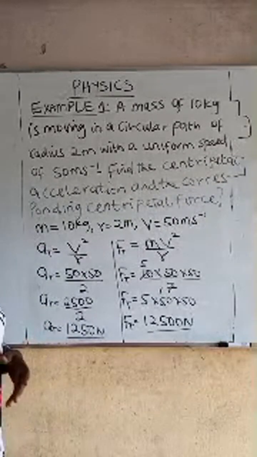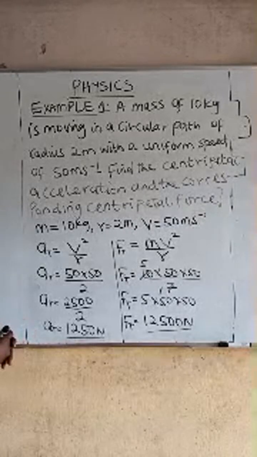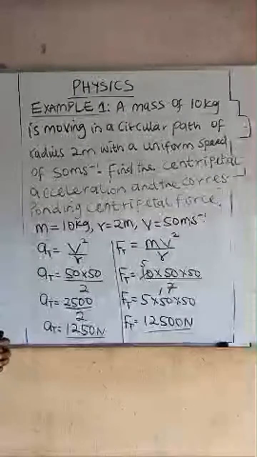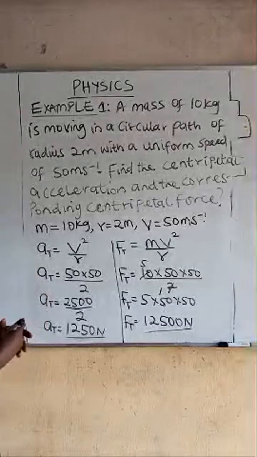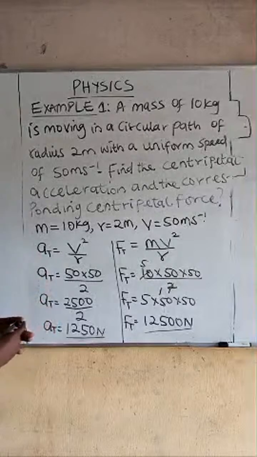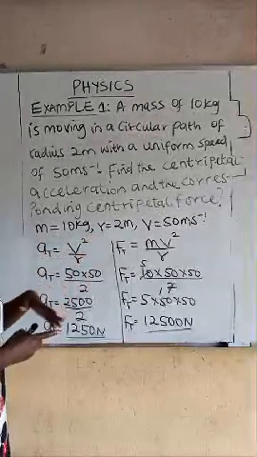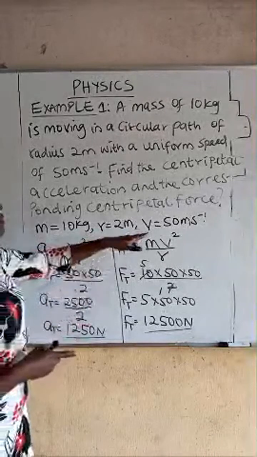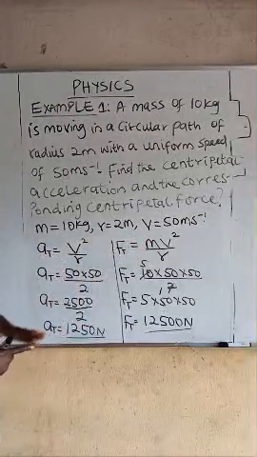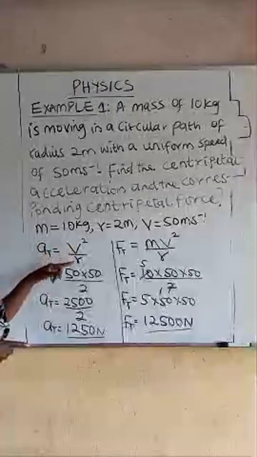So let me do a recap. We are given a mass of 10 kilograms moving in a circular path of radius 2 meters with a uniform speed of 50 meters per second. Find the centripetal acceleration and the corresponding centripetal force. Let us bring out the parameters given: my mass is 10, my radius is 2, and my velocity is 50. Remember, my formula for centripetal acceleration is v squared over r.